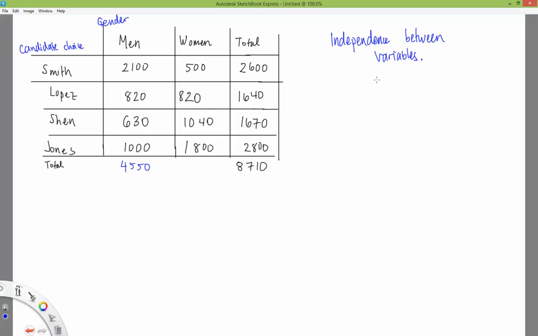You know, say what you want about Texas or Dallas, but overall, there's not going to be a huge difference. So those are independent.